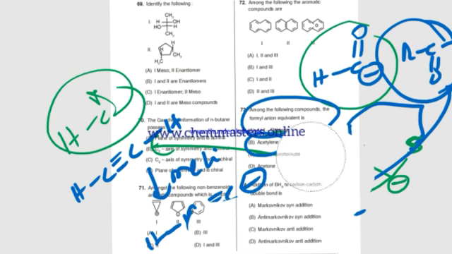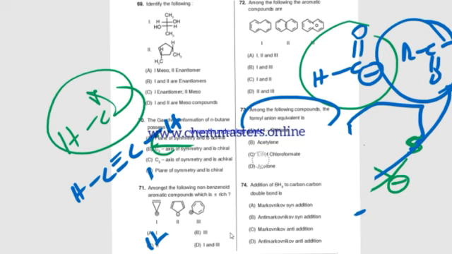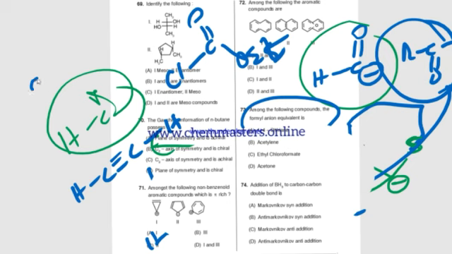Now just look at the next one, ethyl chloroformate. Try to draw its structure, C double bond O, with an ethoxy group. So this is ethyl chloroformate, and it can also be equivalent to formyl anion.